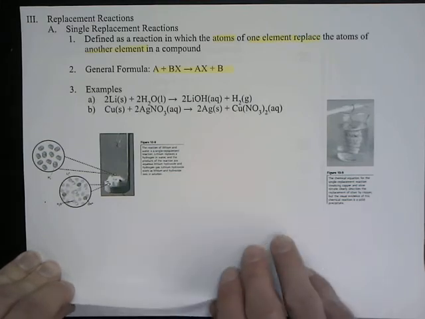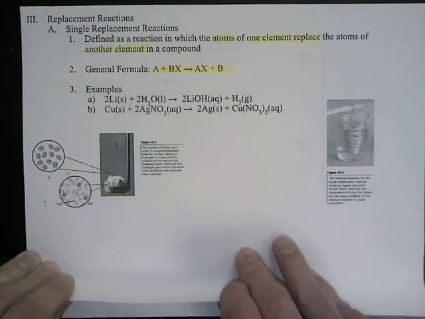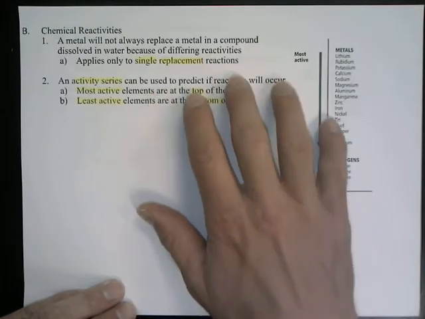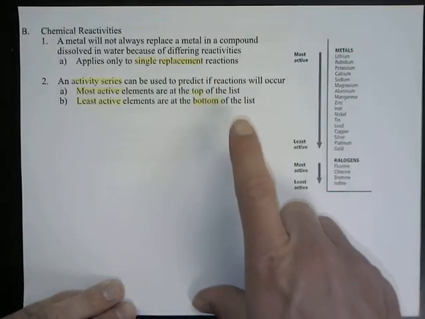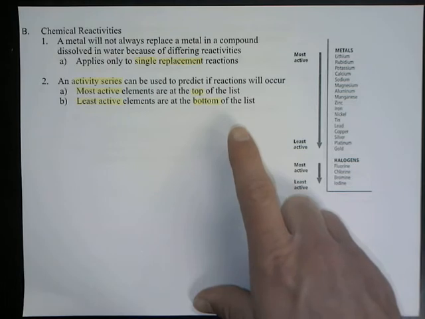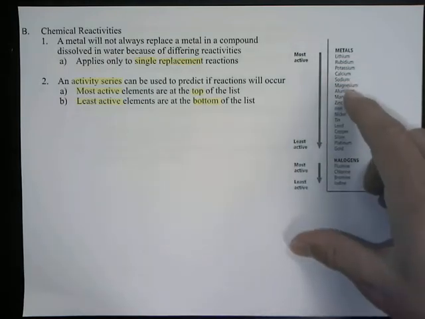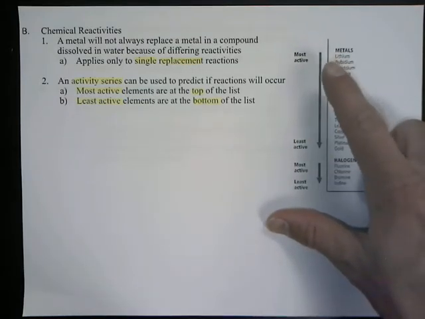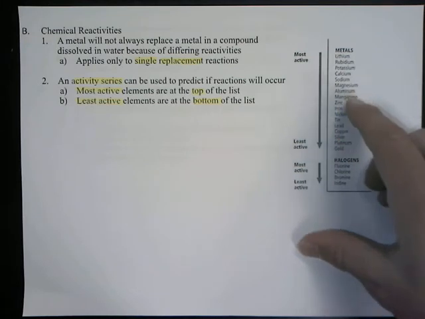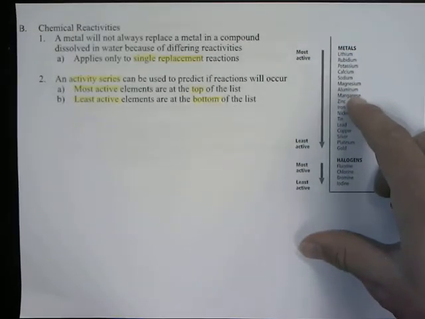Now, what we have to be worried about here with our single replacement reactions is our chemical reactivity, okay? So I know this is blurry right here, but what happens here is that when we talk about a metal, it must be more active than the metal in the compound to be able to produce our products, okay?